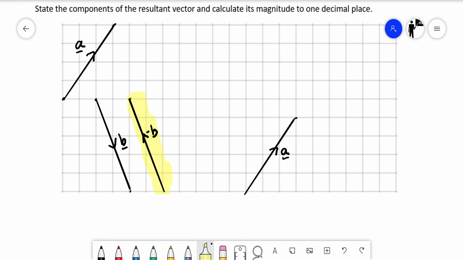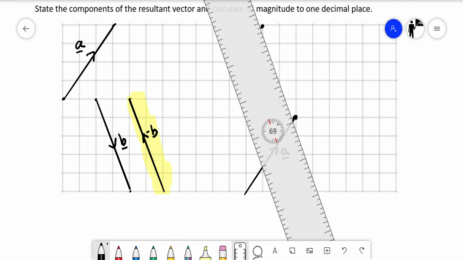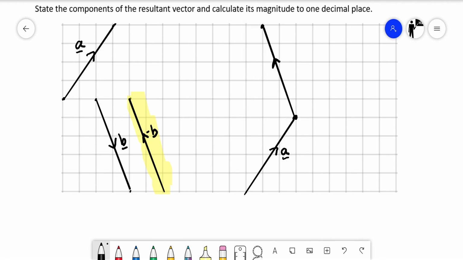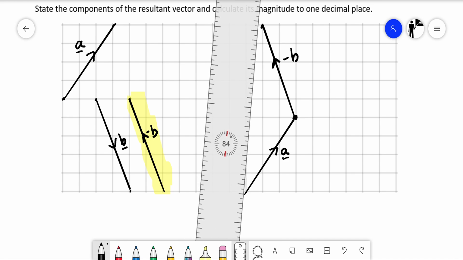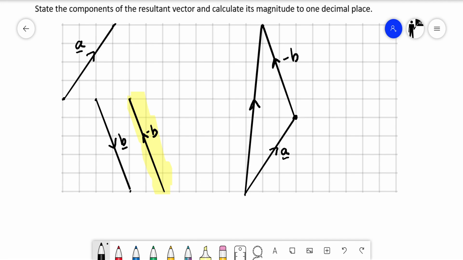So minus B, what was that? 2 to the left and 5 up. So from this point here, we're going to go 2 to the left and 5 up. 1, 2, 3, 4, 5. And this here is the vector minus B. So the vector A minus B is the journey from the start to the finish. So this is the vector A minus B.